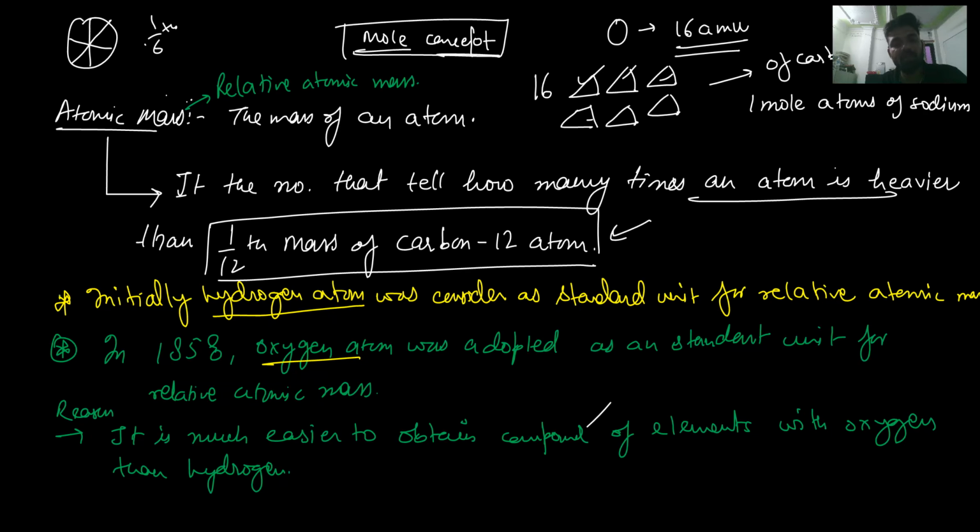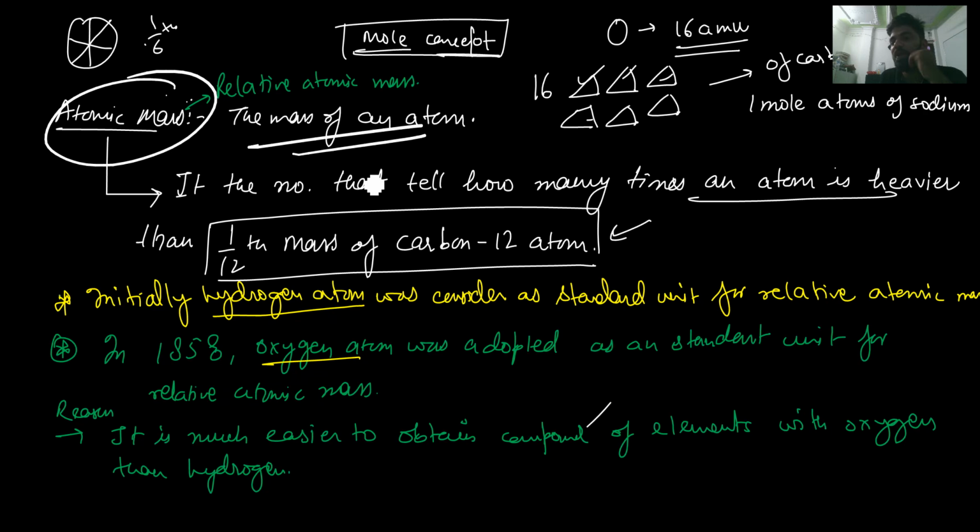Let's come to this one. If I ask what the atomic mass of an element is, it is the mass of an atom, or it gives an idea of how much heavier an element is compared to 1/12 the mass of a carbon-12 atom. Let me explain one more time.